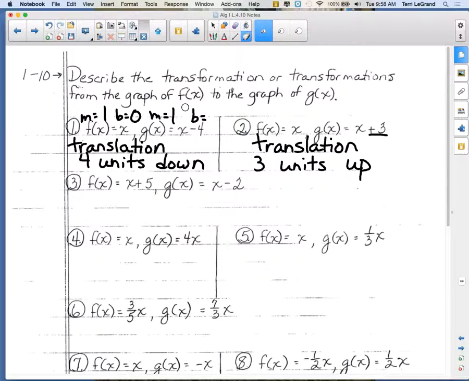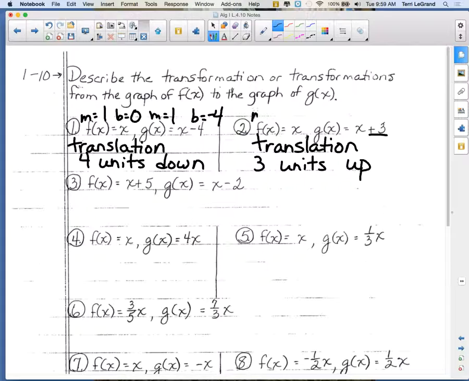And the y-intercept is? -4. When we identify those, it makes it easier for us to see that the slope did not change. If the slope does not change, I know that a rotation or a reflection could not have happened. The only thing that could have happened is a translation, possibly. So I ditch the other transformations and say, let's check and see if there's a translation. If it's a translation, then the y-intercept changed, and it did. It went from 0 to -4. That's why we say 4 units down.